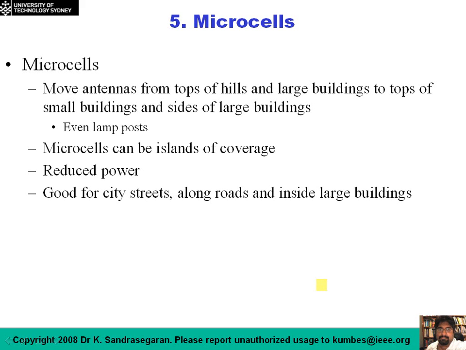Sometimes in the same area you might have a GSM network where you'll have smaller cells called microcells superimposed on larger cells called macrocells.